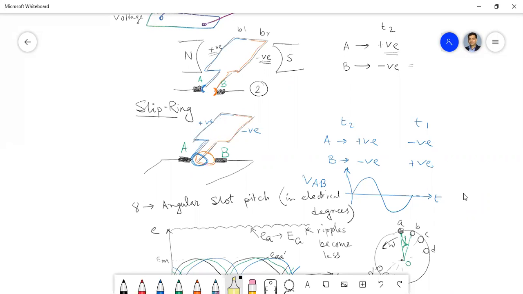So what should be the arrangement by which we can flow a DC current through the coil if I have DC voltage as an input? Okay. Anybody else?